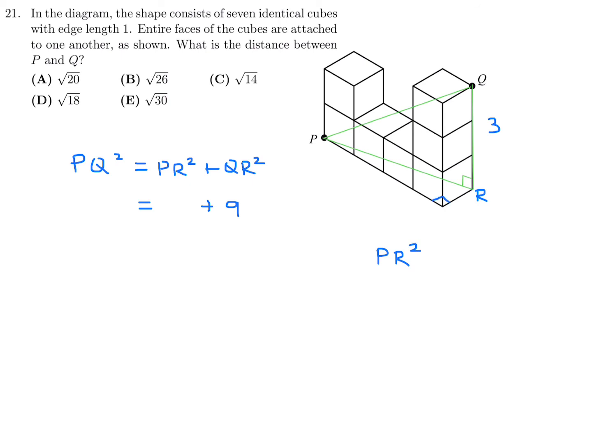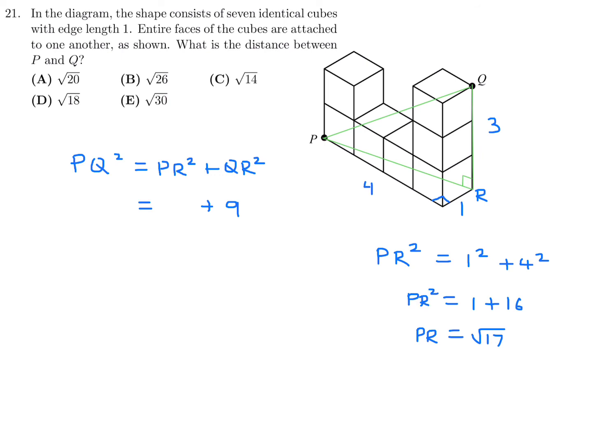So PR squared is going to be 1 squared, and this side from here to here looks like 4, plus 4 squared. So that's 1 plus 16, and therefore root 17 is equal to PR.